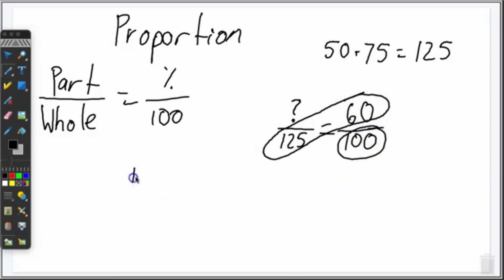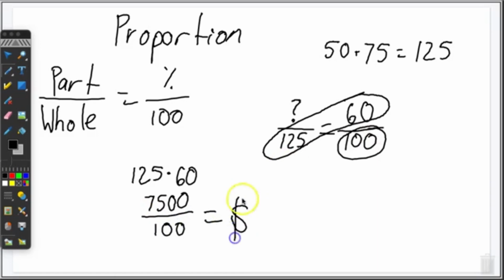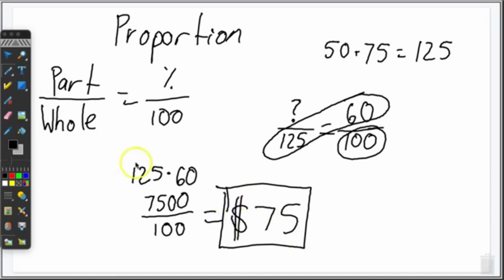You multiply the bat, 125 times 60, and you will get 7,500, and then you divide by the ball, and you will end up getting $75 is how much he gave his mom. All right, that is the answer for number 1, and that is all the work you show.